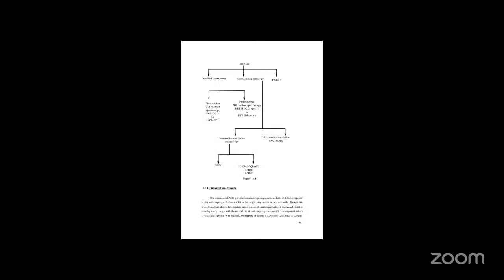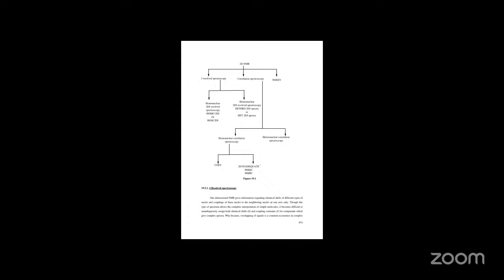In 1D spectra, the chemical shifts of different types of nuclei and the coupling of these nuclei are presented on one axis only. This type of spectra allows the complete interpretation of simple molecules.